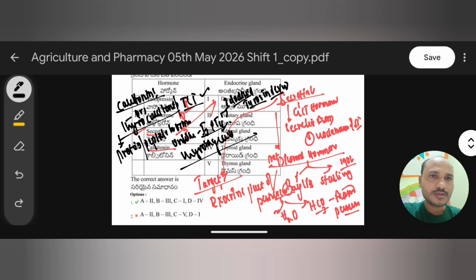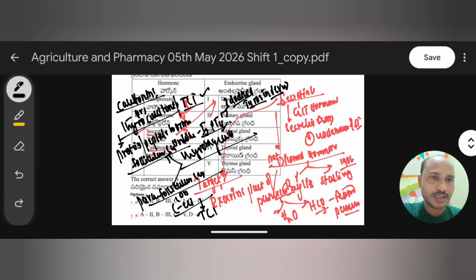The thyroid gland secretes these hormones from two different types of cells. It has follicular cells, and it also has parafollicular cells, also called C cells. The parafollicular or C cells secrete the TCT hormone, thyrocalcitonin, while the follicular cells secrete the T3 and T4 hormones. Remember.